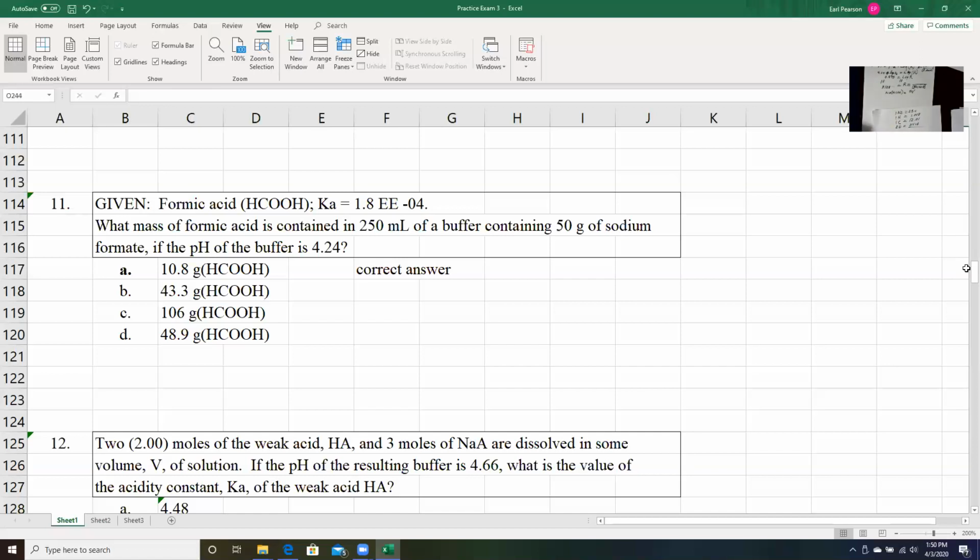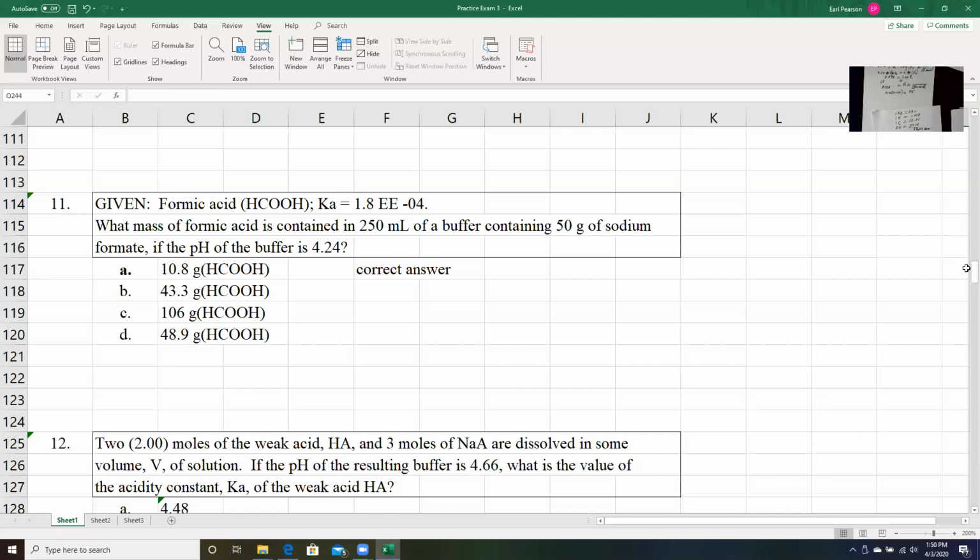So let's do the math. 23 plus 1.008 plus 12.01 plus 2 times 16. I'm calculating this mass to be 68.02 AMU.